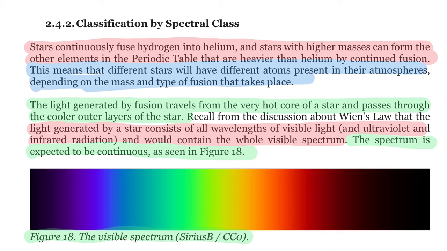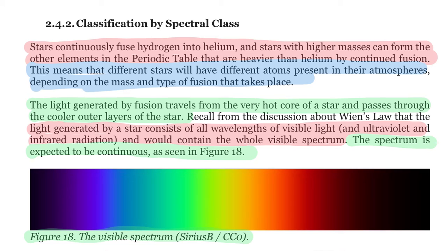Now, from our discussion on Wien's law, and remember we looked at black body radiation curves, all the frequencies and wavelengths of electromagnetic radiation are produced by a star, but obviously in different intensities, based also upon the surface temperature.